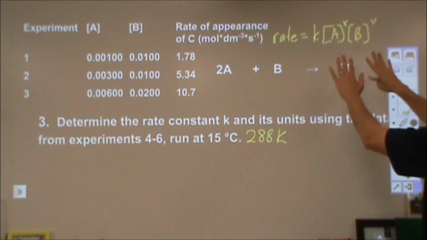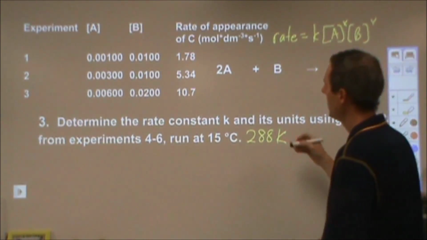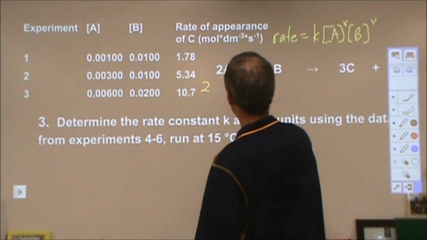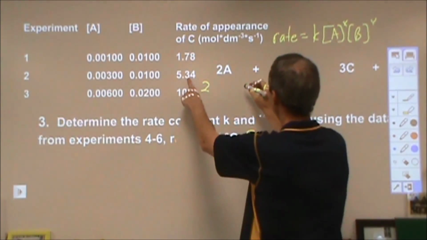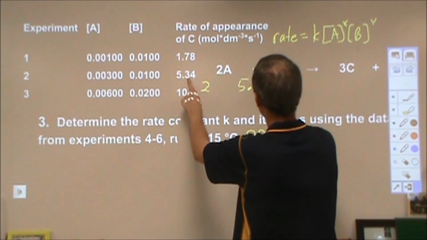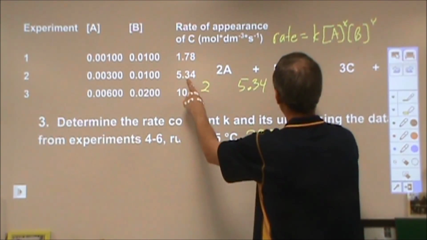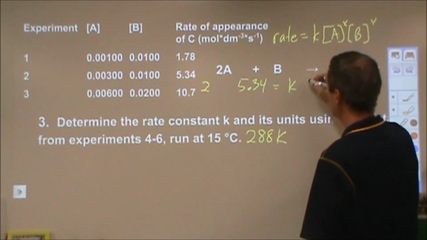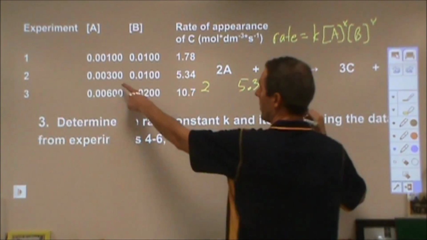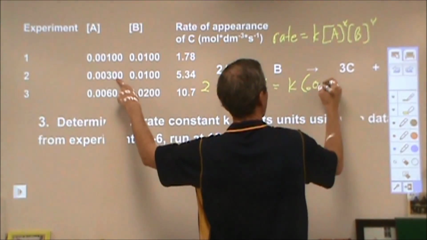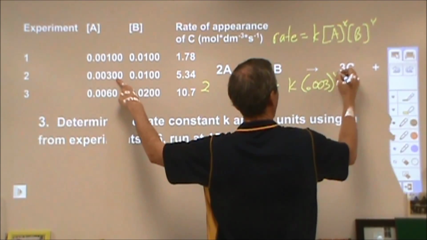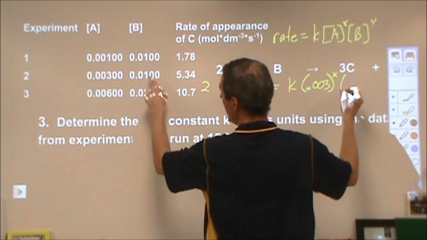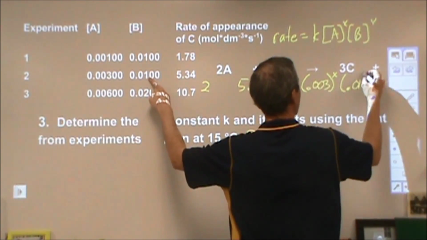And you're going to plug in everything you know from those 2 experiments. So if I take experiment 2, my rate in experiment 2 is 5.34. Okay? I'm going to leave units out to keep it a little less cluttered. I have a rate constant K. And then A has a concentration of 0.003 to some power. And then B is 0.01 to some power.